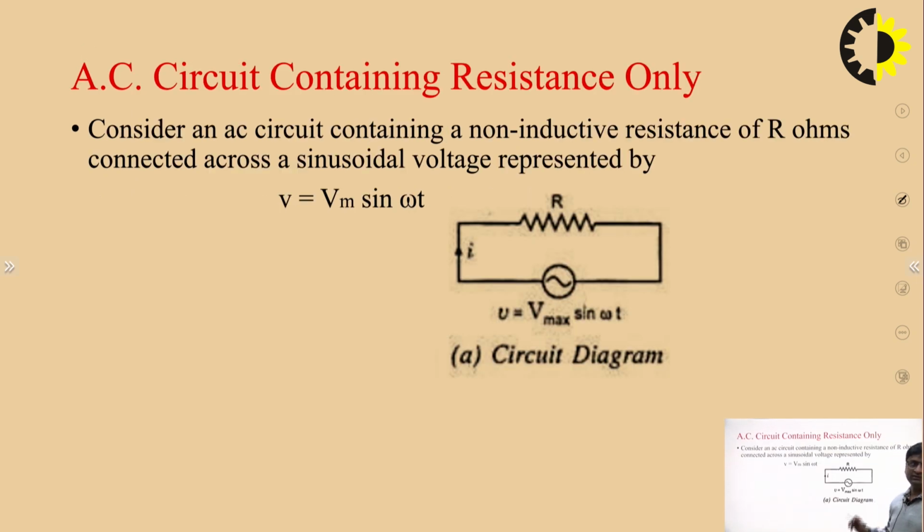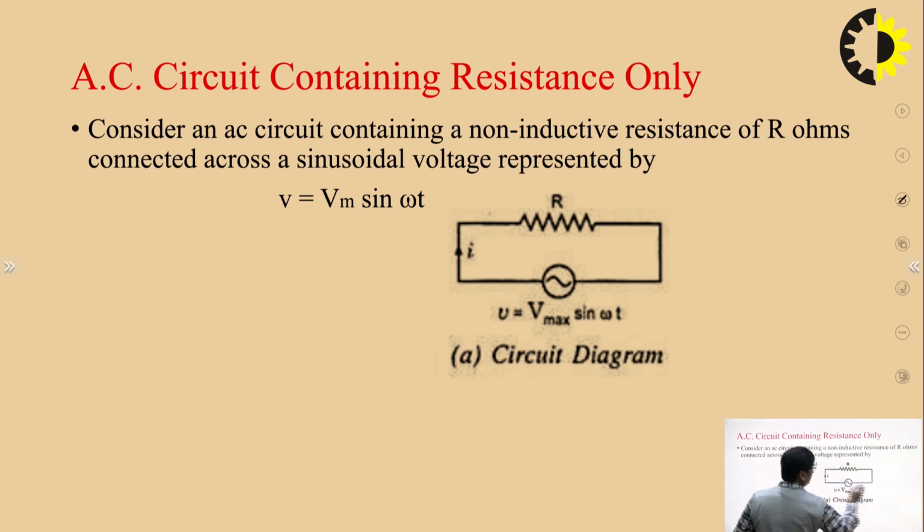We know that the resistance is there and we are supplying an AC voltage, where Vm is the maximum voltage, the simple AC supply to this circuit.